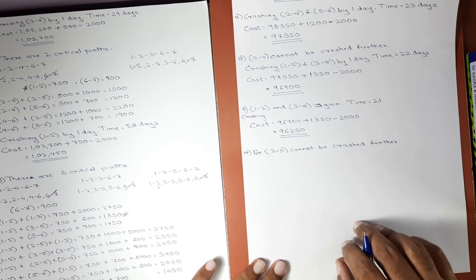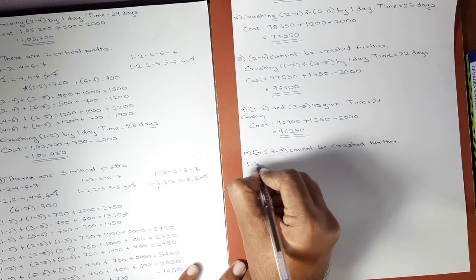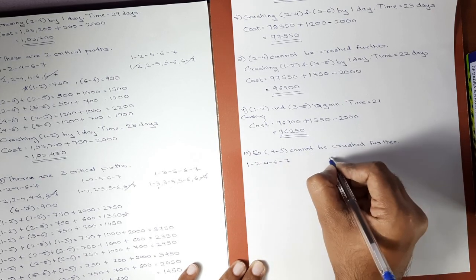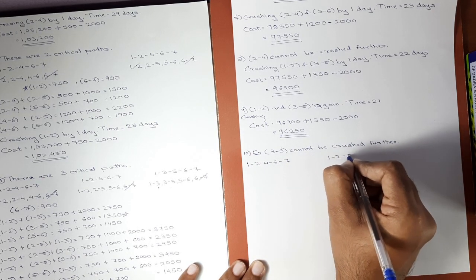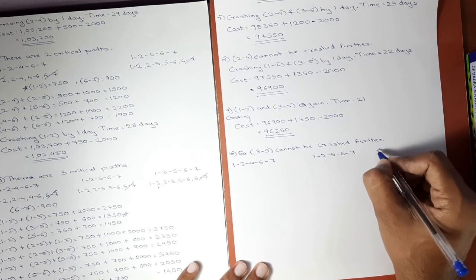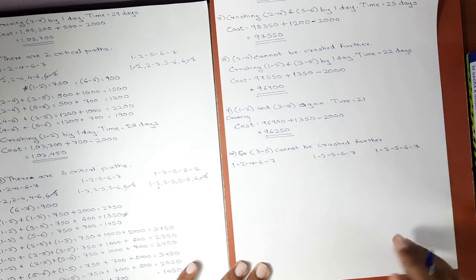Now to make it simple, I'll be writing all the paths again. Okay, 1 2 4 6 7 is the first path. 1 2 5 6 7 is the second critical path, and 1 3 5 6 7 is the third critical path.